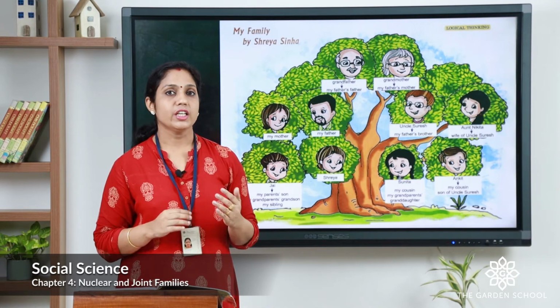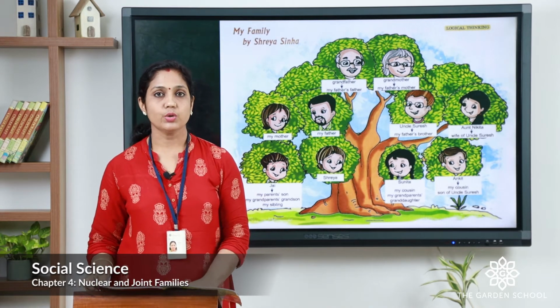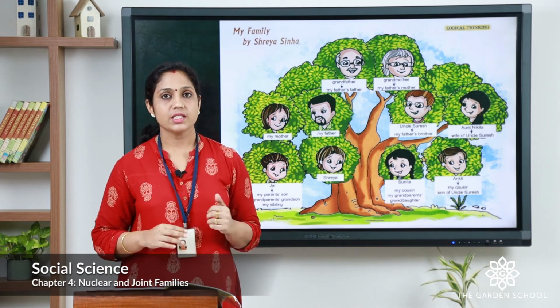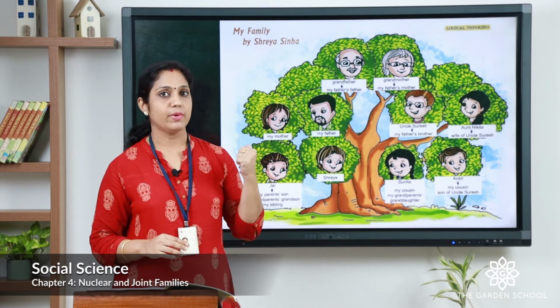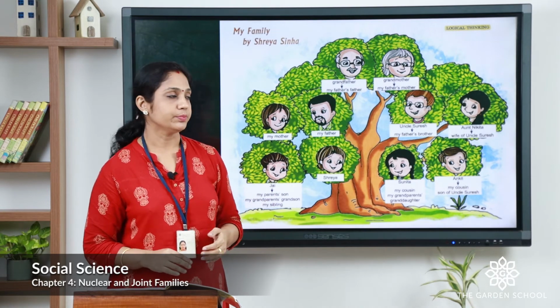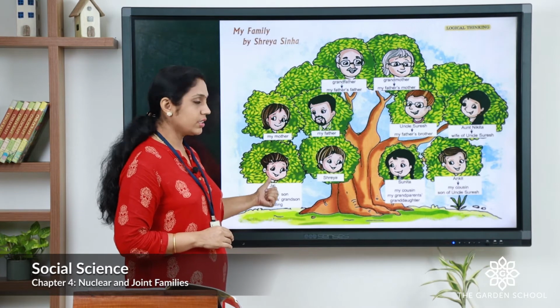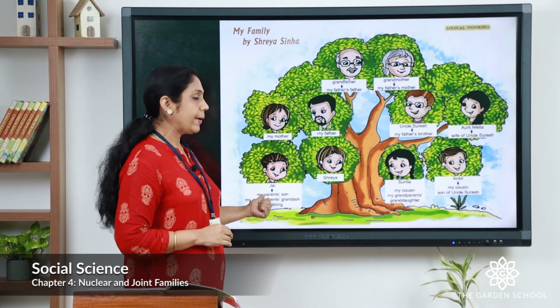So here in the text, page number 21, you have this picture. This is a picture of Shreya's family tree. Now let's check Shreya's relation with each other. This is Shreya. Here it is written, this is Jay, my parents' son.